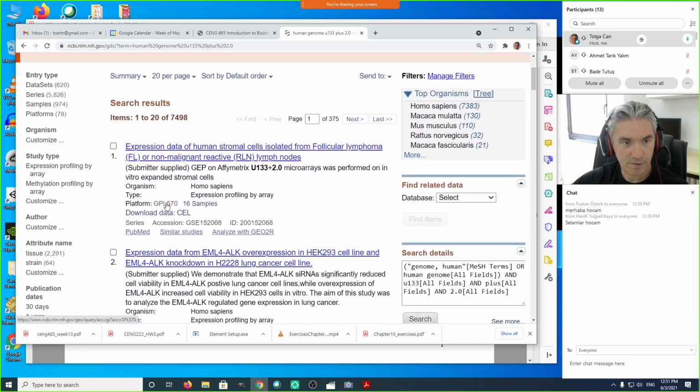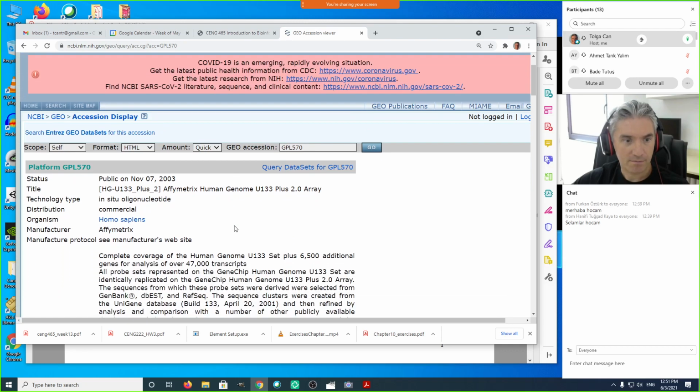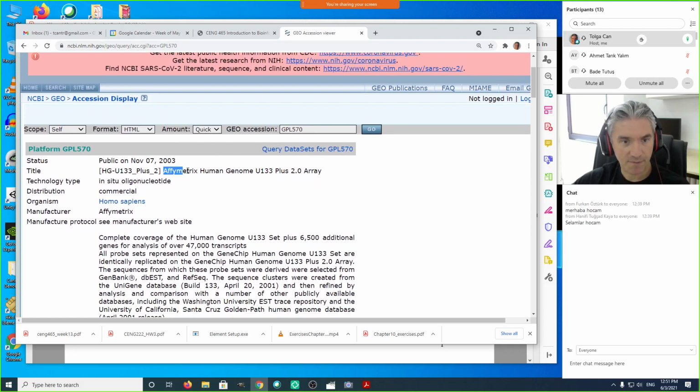Here is that platform name. When I click on that platform name, as you can see, Affymetrix Human Genome U133 Plus 2.0 array. So this platform is entered here in NCBI GEO.